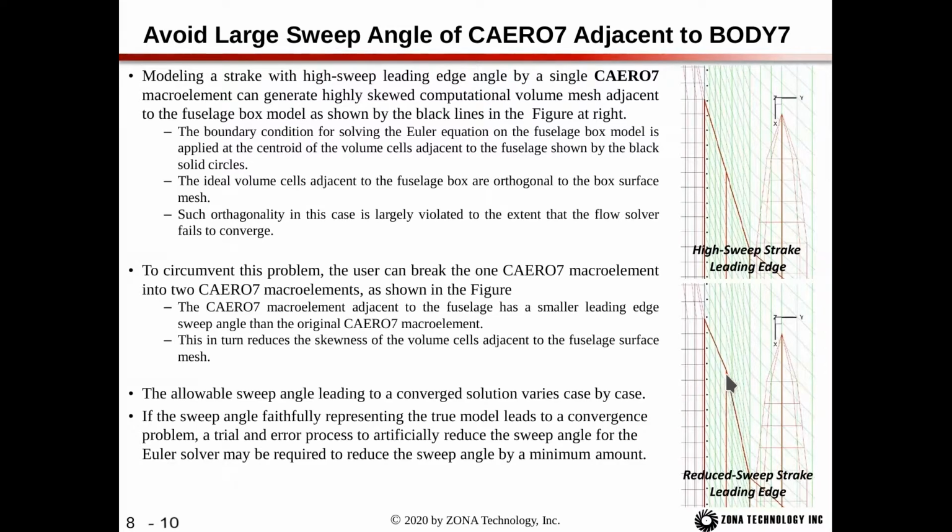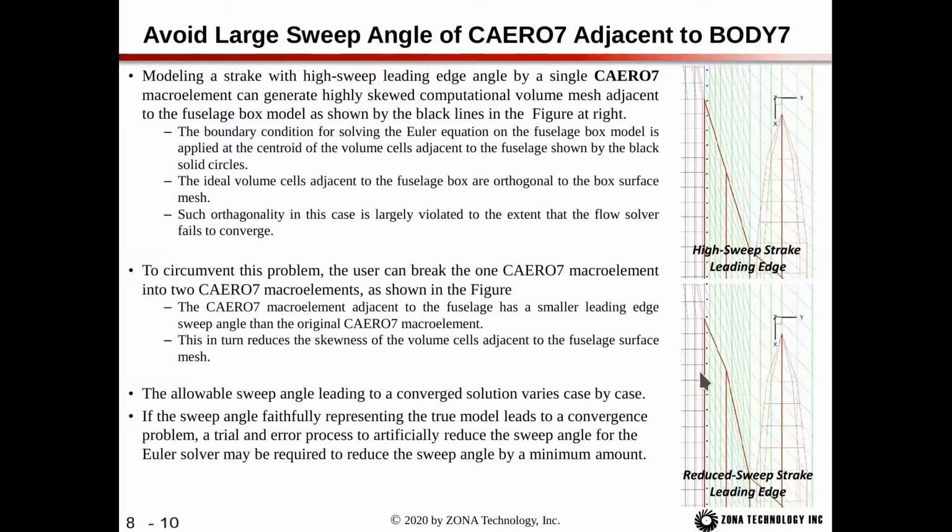And here we've extended the leading edge forward, so we have a little bit of additional area, but not too much. So here, the ZEUS macro element adjacent to the fuselage has a smaller leading edge sweep angle, as can be seen. And this reduces the skewness of the volume cells adjacent to the fuselage surface mesh, as shown here.